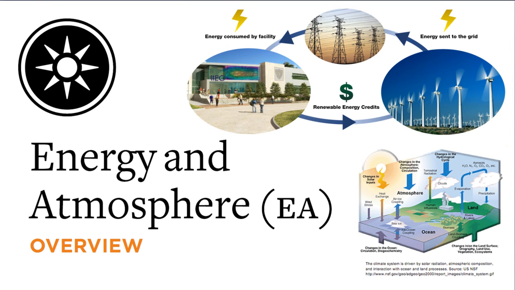Energy and Atmosphere overview. The Energy and Atmosphere (EA) category approaches energy from a holistic perspective, addressing energy use reduction, energy-efficient design strategies, and renewable energy sources. The current worldwide mix of energy resources is weighted heavily toward oil, coal, and natural gas. In addition to emitting greenhouse gases, these resources are non-renewable; their quantities are limited or they cannot be replaced as fast as they are consumed.